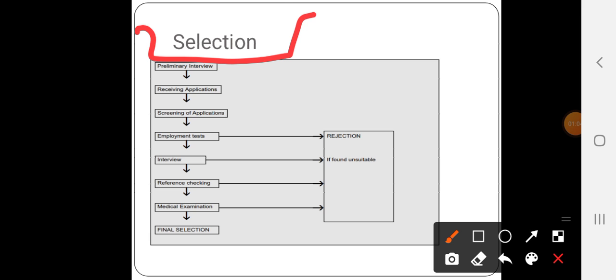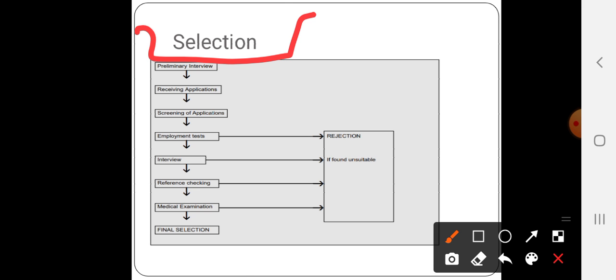So, what is selection? Selection is where there are different choices available in front of you and you are choosing the most appropriate, most right option from the given alternatives. This selection is the same in HRM as well.